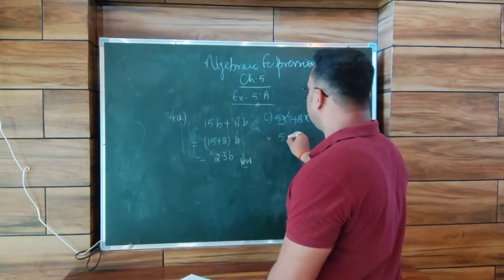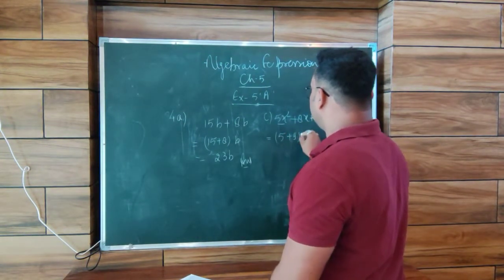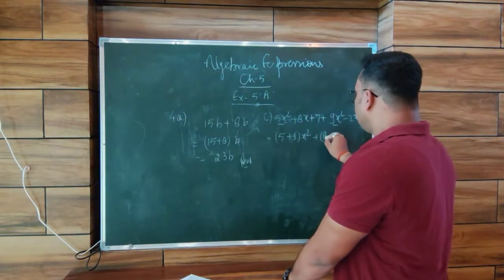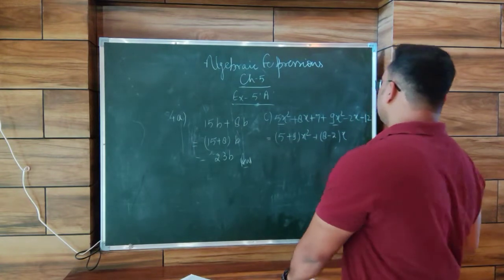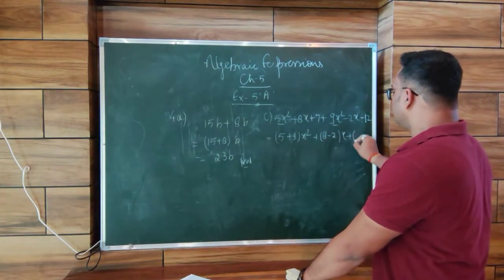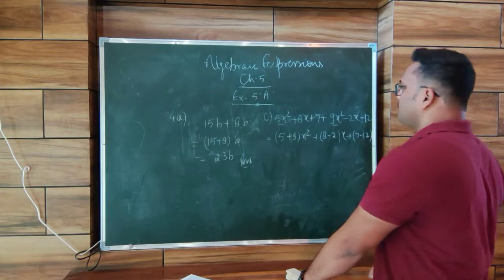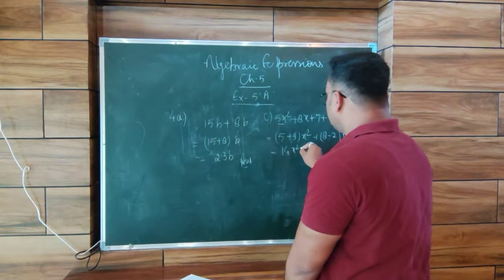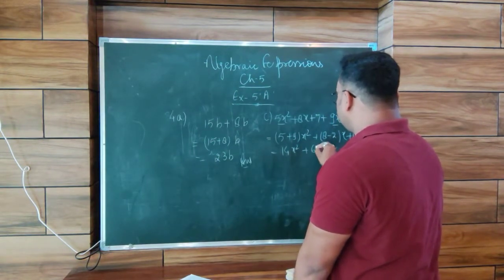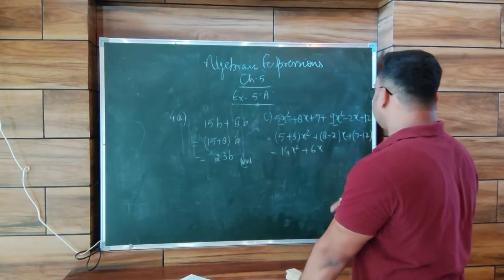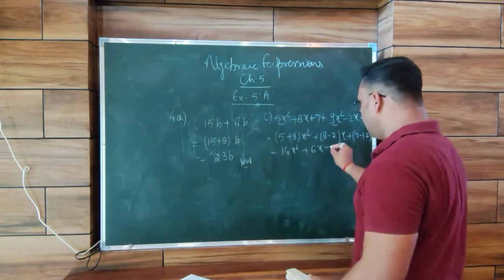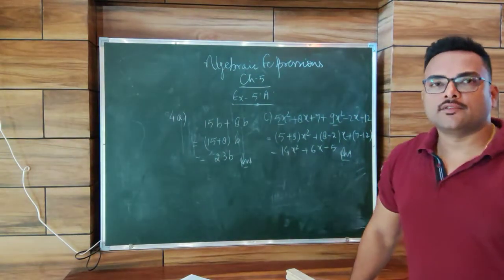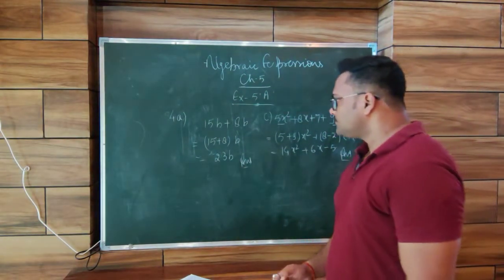So write 5 plus 9x square plus 8x minus 2x plus 7 minus 12. 5 plus 9 is equal to 14x square, plus 8 minus 2, 6x, plus 7 minus 12. Answer will be in minus. So this is your answer. Like that you have to adjust and you have to solve.